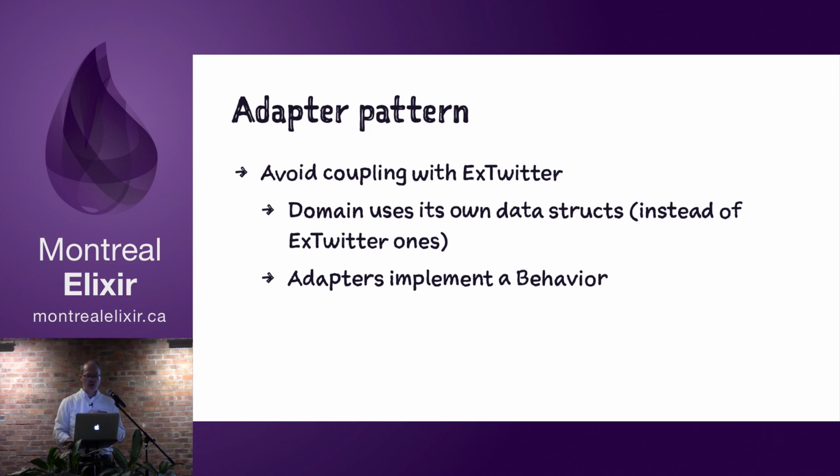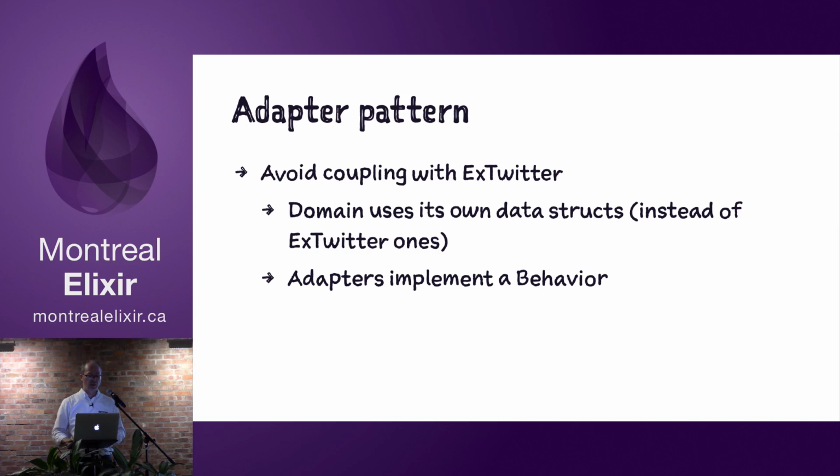This way, you're not tied to the data structure of the package you want to use, and you use your own data structs. You can have your adapter implement a behavior that you define. So this is what we're going to be doing. If in the future we want to use another package other than X Twitter, it will be an easy swap to do. We just need to change the adapter and comply with the behavior and the data structs that we will define.